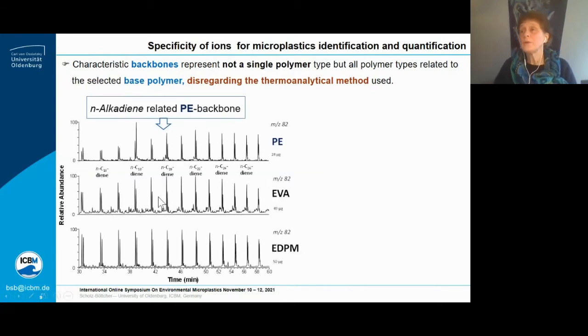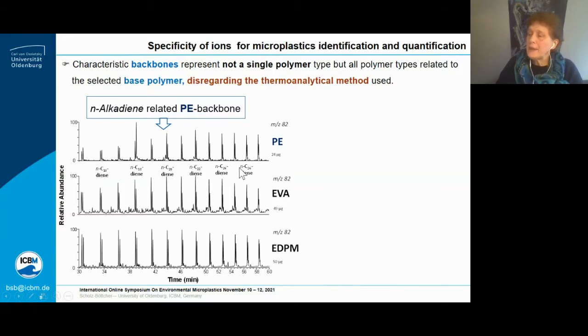So, for example, looking at the PE backbone of alkadienes, which are ideally used, because we have this long unique polymer, we have a lot of different alkadienes that are usually identified and used for quantification.